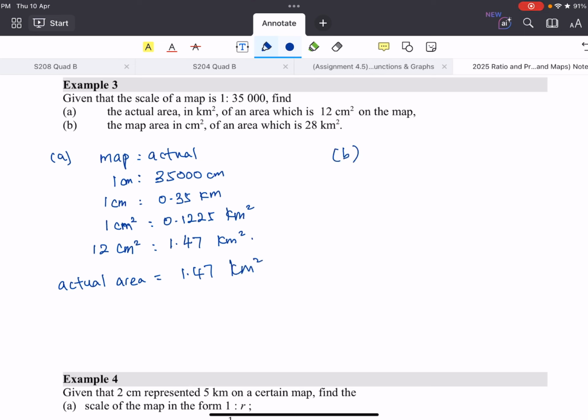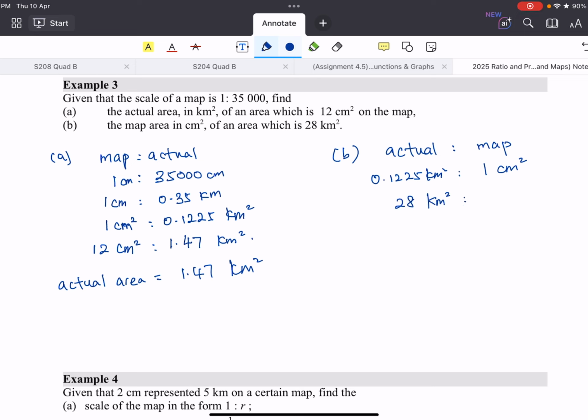Okay. Now part B, this time around, they give us the actual area, and then we are supposed to find the map. So I can write it in the other direction, actual to map. Okay, we have already established that 0.1225 square kilometer is represented by 1 square centimeter. Okay, so I can straight away just get 28 over here, right?